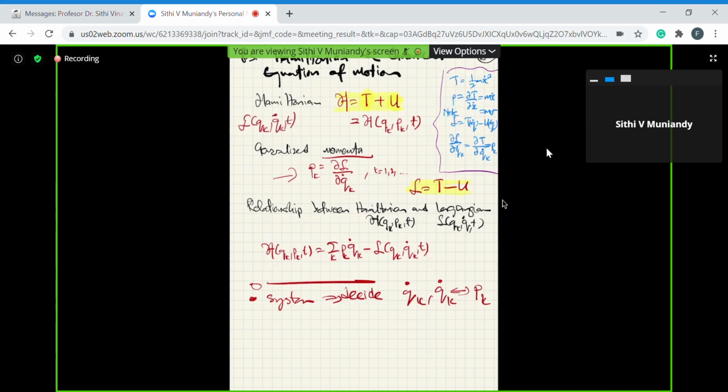But the Hamiltonian will depend on position and then the momenta. So you need to write down the position and the momenta, but the momenta is determined based on this expression from the Lagrangian.